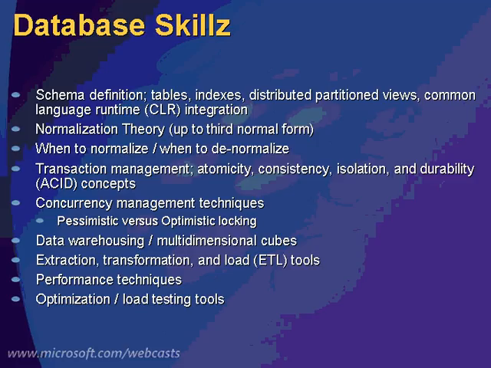Normalization is also key, being able to make sure that you don't have redundant data in your database schema. But there's also times when it actually makes more sense to denormalize your data versus normalize it to get better performance. Another key aspect is transaction management, knowing how to handle ACID-type transactions with the correct atomicity, consistency, isolation, and durability.